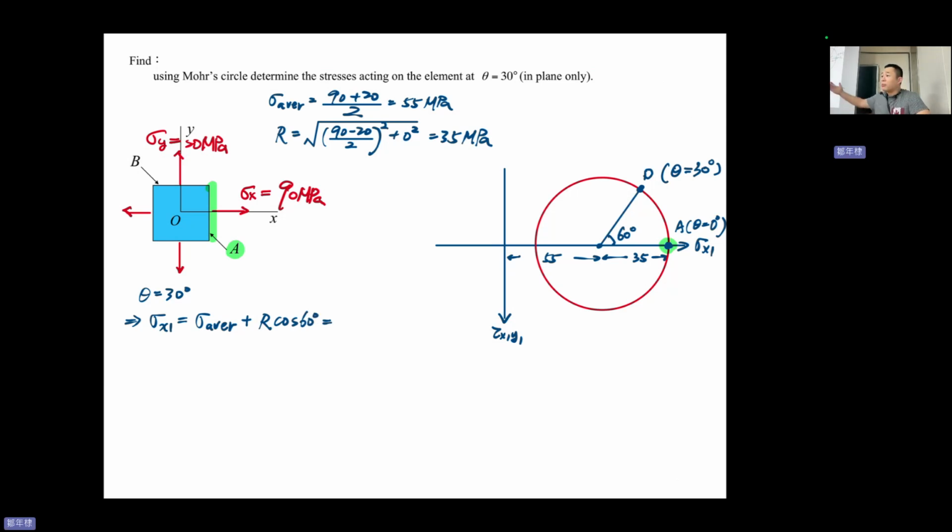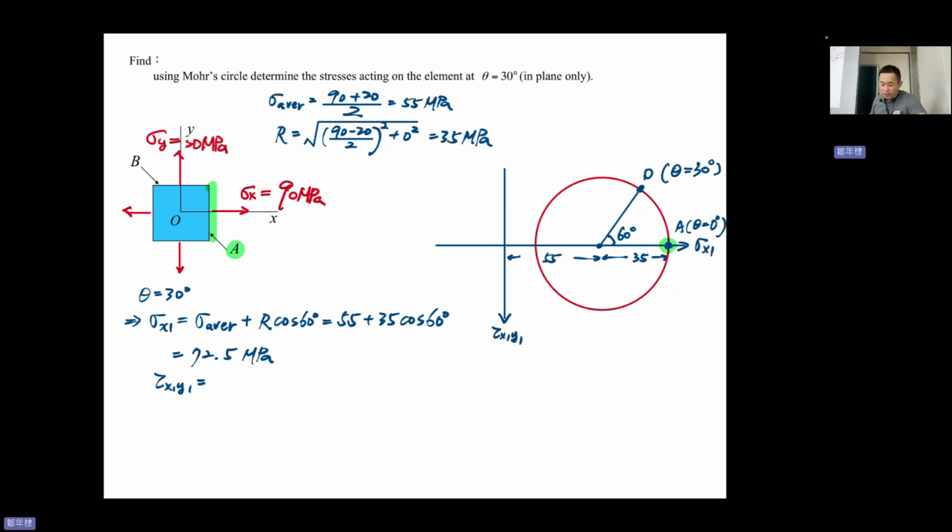So just not elementary, maybe junior high school level: 55 plus 35 cosine 60 degree, and you get 72.5 megapascal. Okay, so you get that. And tau x1 y1 is also easy.